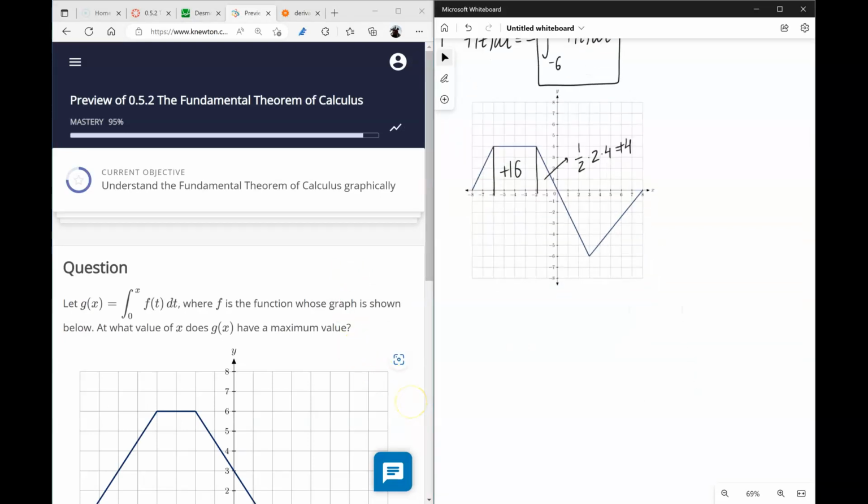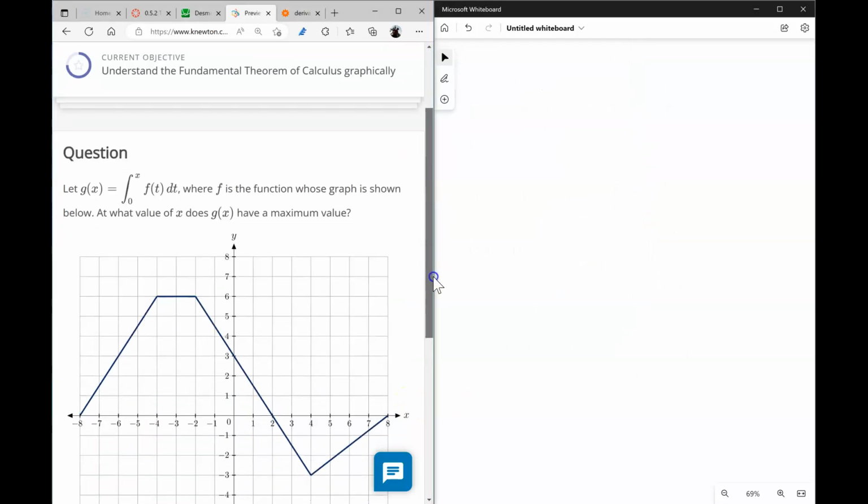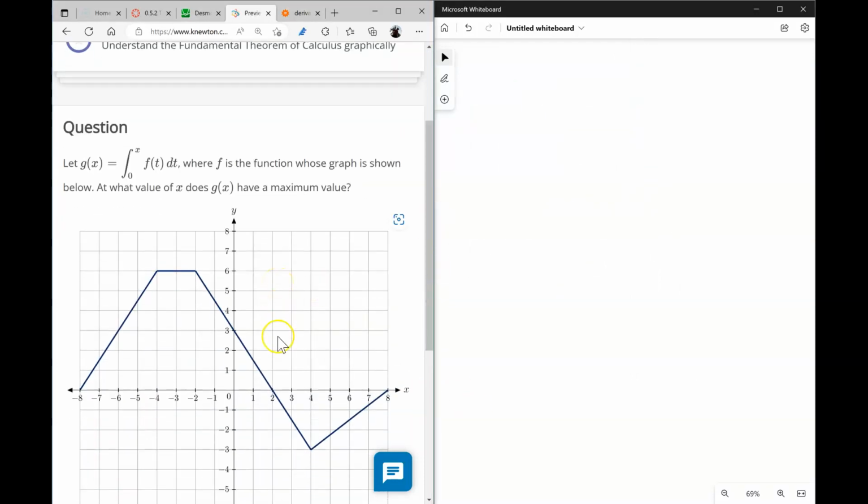At what value of x does g of x have a maximum value? That's a good question. It's probably going to have the maximum value when starting from 0. So if we integrate from 0 to the left, we're going to get a negative value.